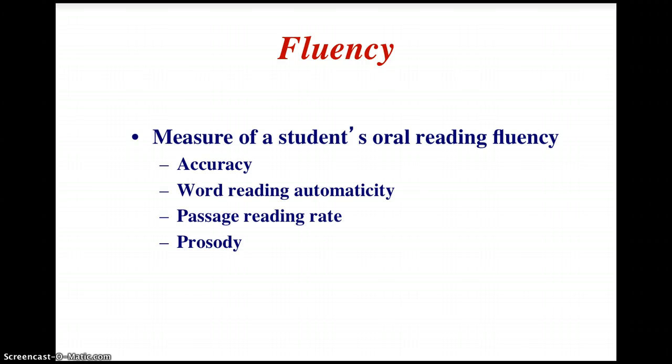Fluency, we talked about the parts of fluency before, but again, oral reading fluency, ORF, is going to check the accuracy of the reading and the word reading automaticity, which has to do with the reading rate, or actually the fact that they won't need to sound each single word out.